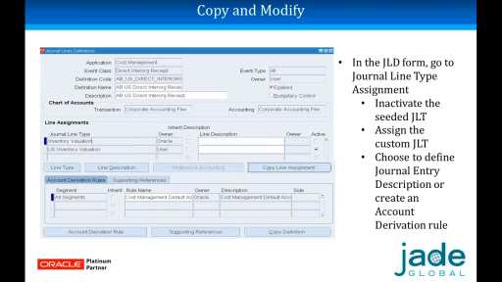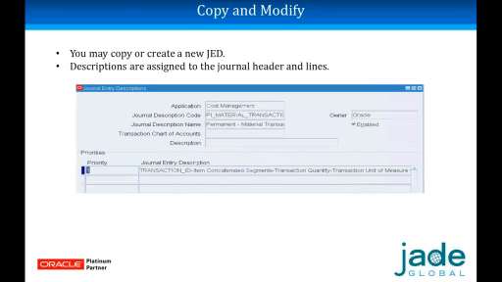Choose to define a journal entry description or create an account derivation rule. So here's just an example of a journal entry description, which you can associate to your journal line type.